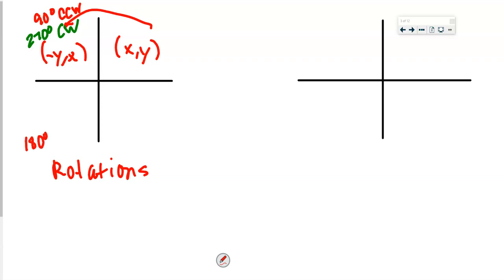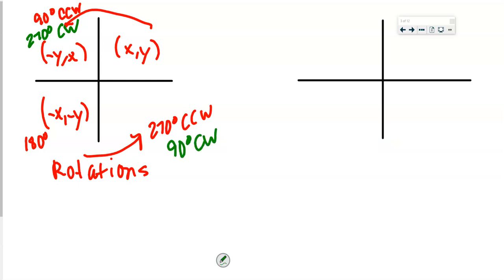Remember, each of these quadrants is 90 degrees. So this is just negative x, negative y. And again, that's because all the values over there in that quadrant are negative, right? And then if we keep going over to here, then we got 270 degrees counterclockwise, right? Which is 90 degrees clockwise. Okay, and here again, it's going to be y comma x, only this time the x is going to be negative, okay? Now we're going to talk about some reflections over here.